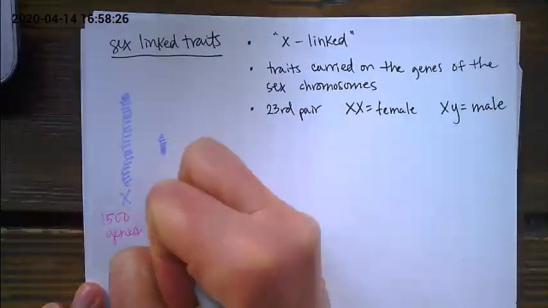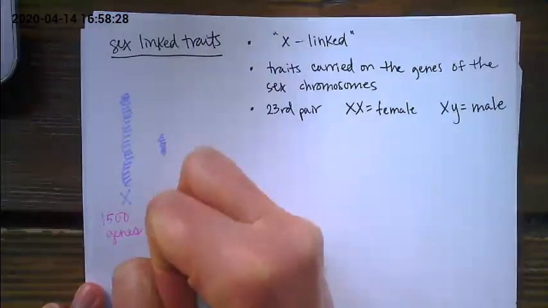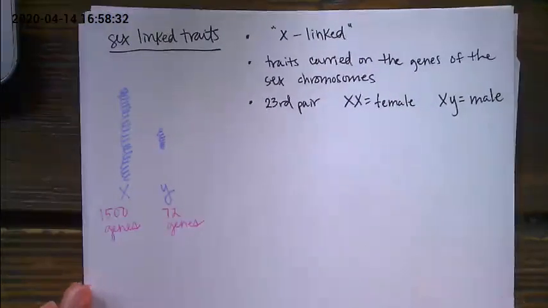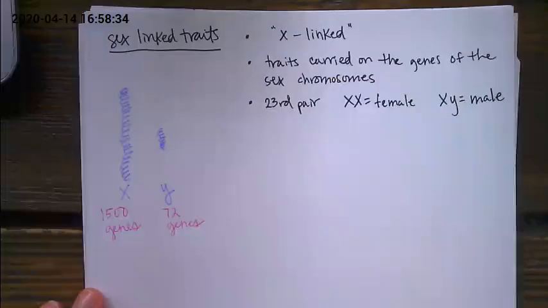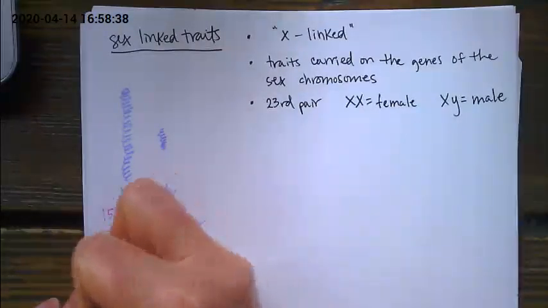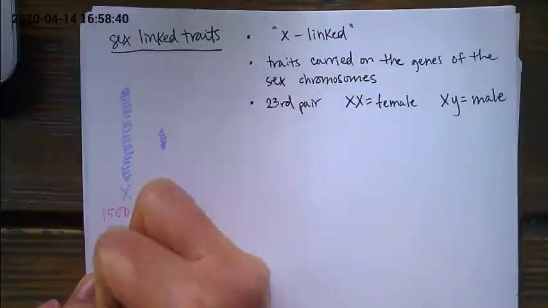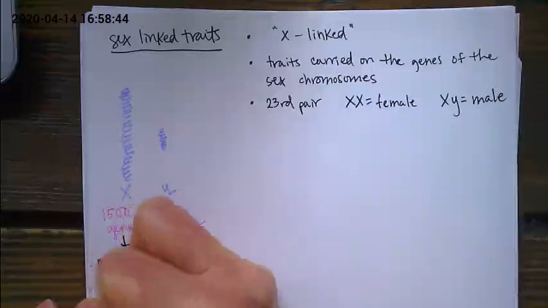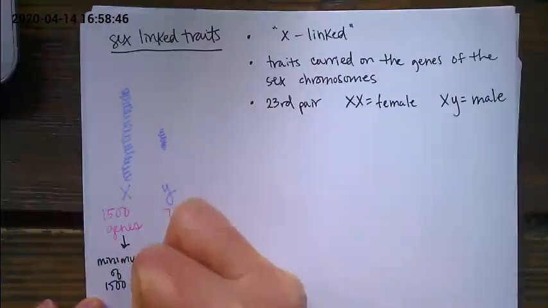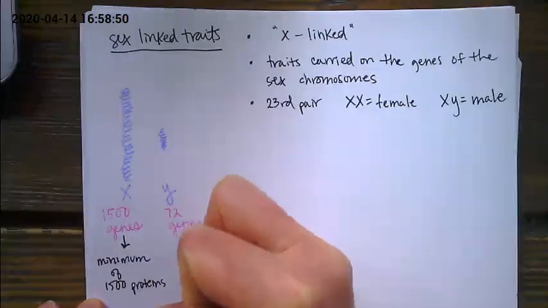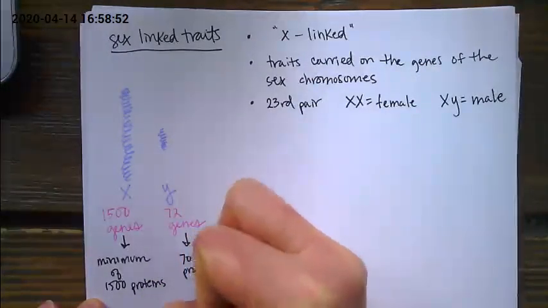The Y chromosome is really small, and it carries maybe 72 genes, so like under 100 genes. Okay, so why that matters. 1,500 genes can give you a minimum of 1,500 proteins, whereas this might only give you like 70 proteins.